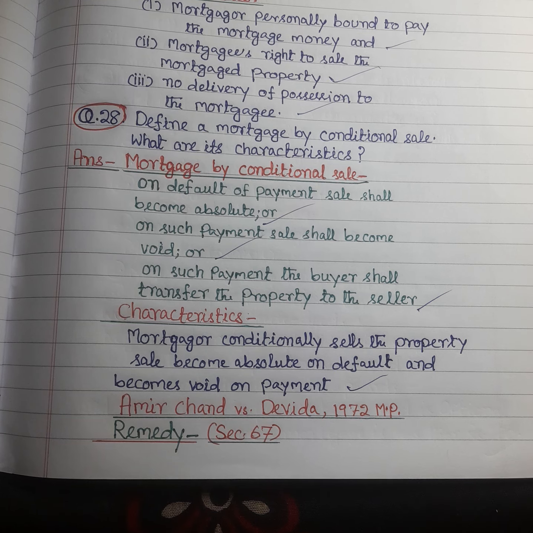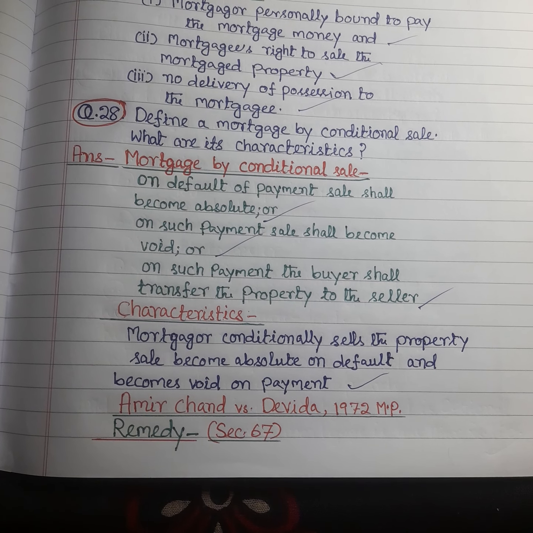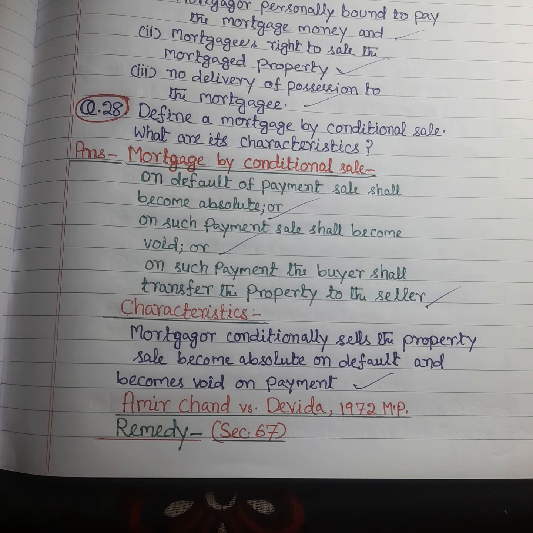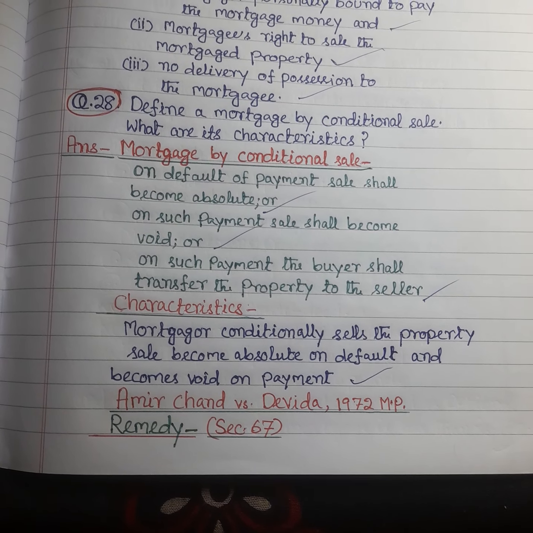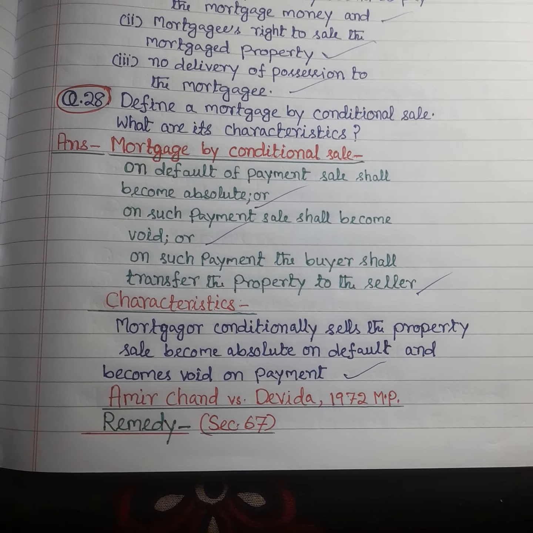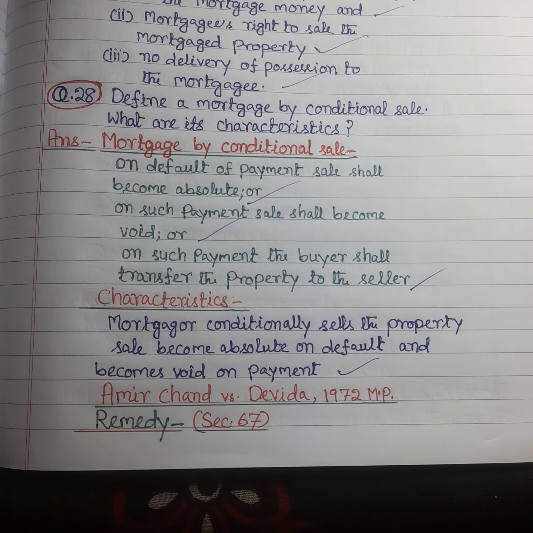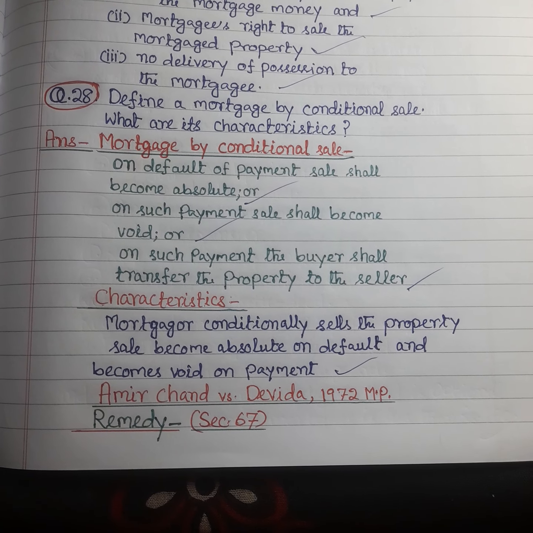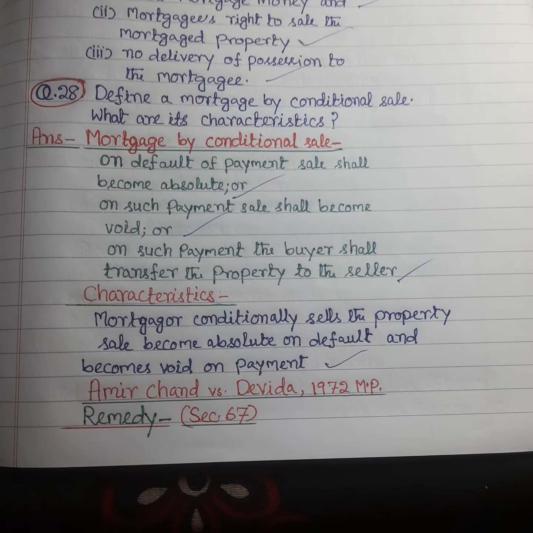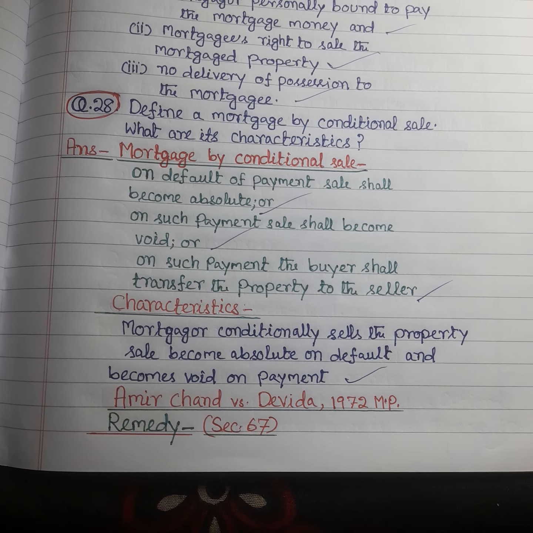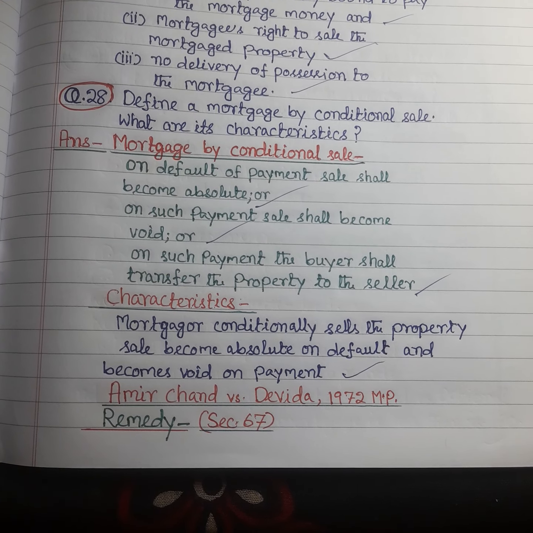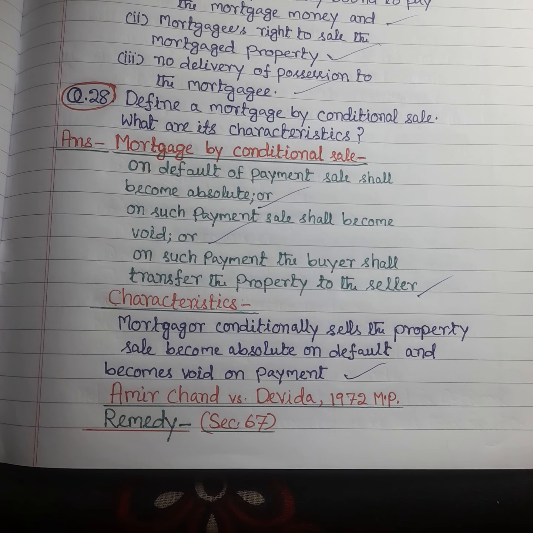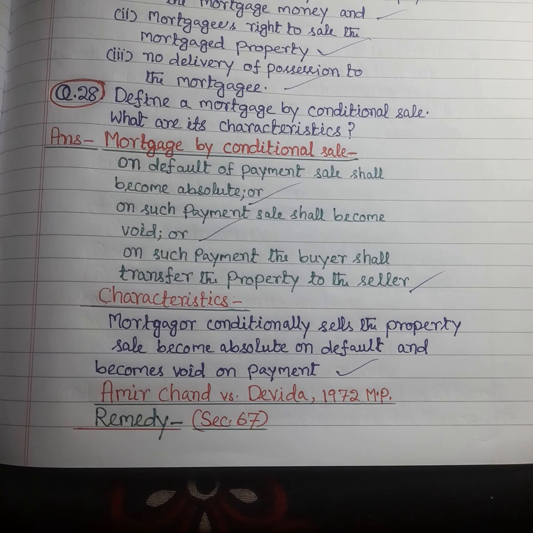which effects or purports to effect the sale. The word ostensible means that it has the appearance of a sale but is really not a sale. The ostensible sale need not be accompanied with possession.